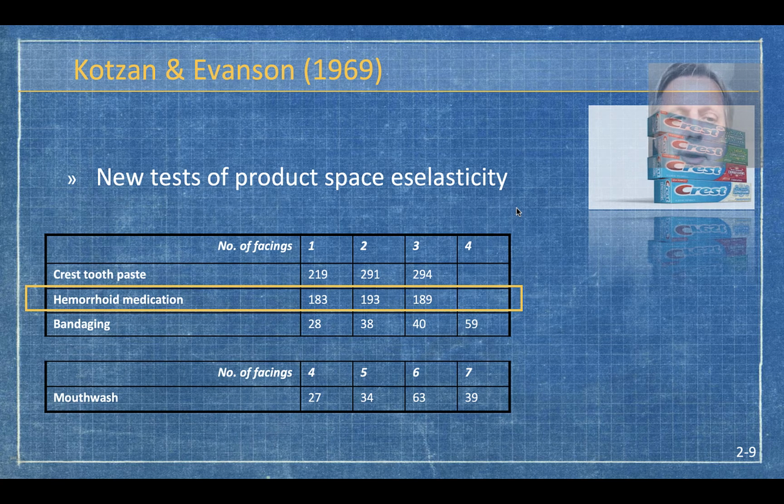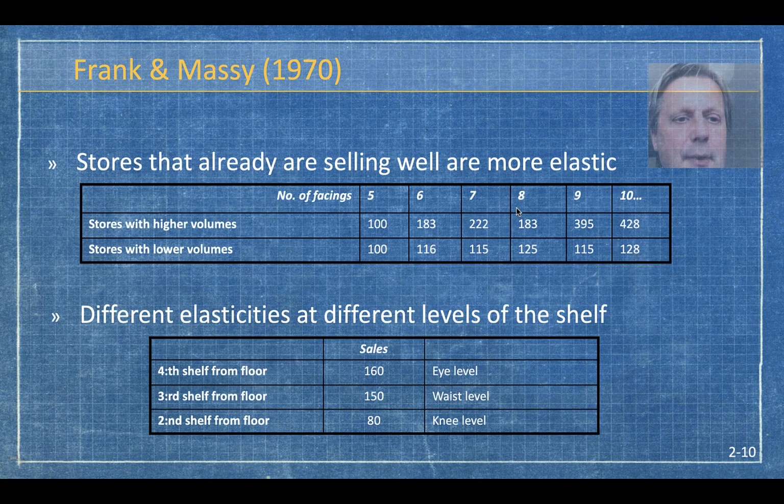Here is Frank and Massy, and they concluded that stores that already have a good market, or that already sell a lot of a product, in those stores, those brands that sell a lot will be more space sensitive, sorry.